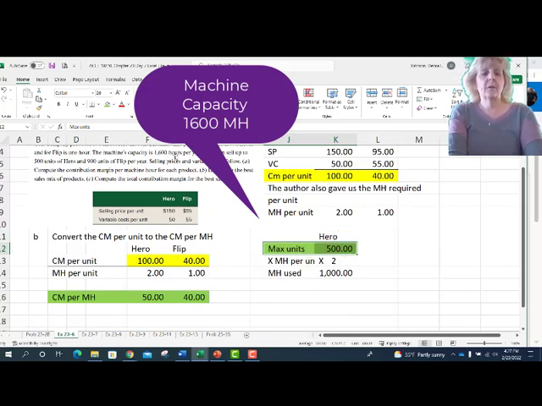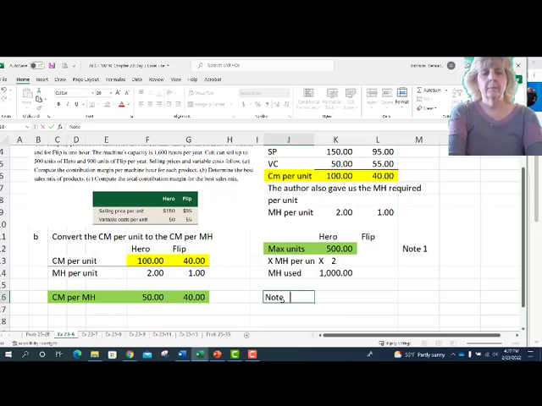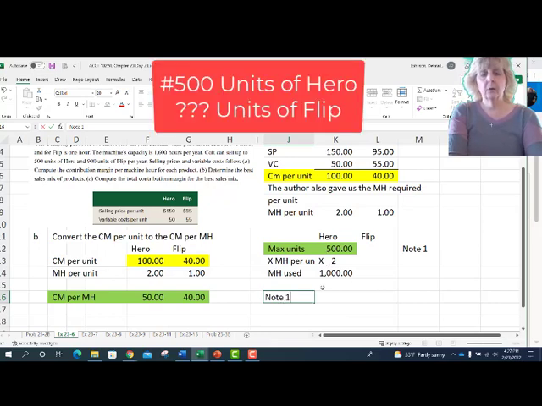Let's focus now on the fact that this machine's only going to run 1,600 hours. So how many hours were left for the second model? Okay, well, I'm going to put down here a little note. Let's do note 1. And I'll come down to the bottom, and for note 1, I'll notice that if I make 500 of the Heroes, I spent 1,000 machine hours.